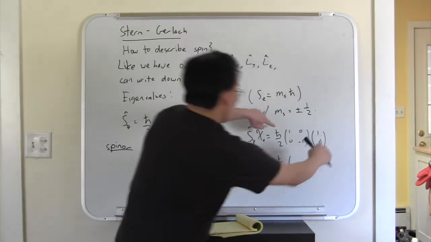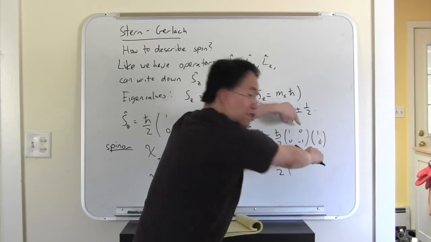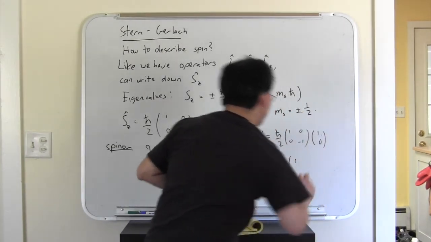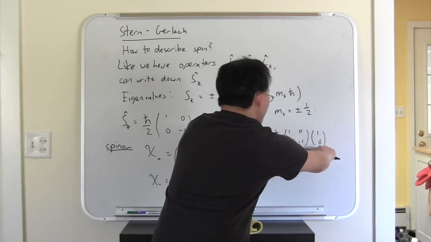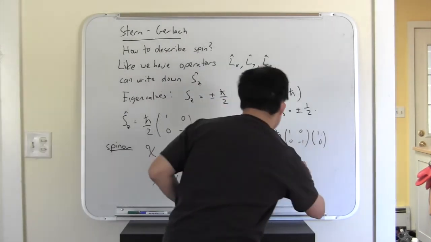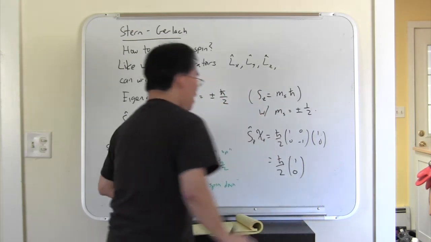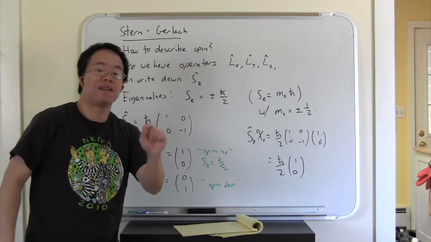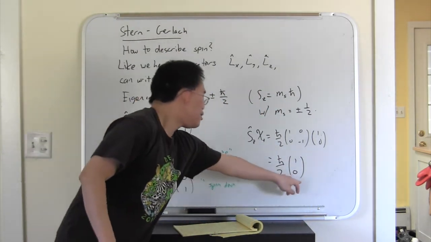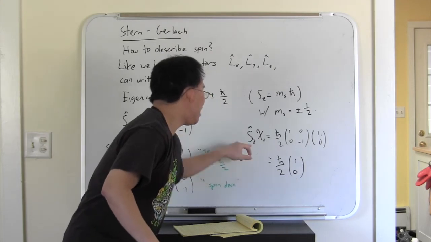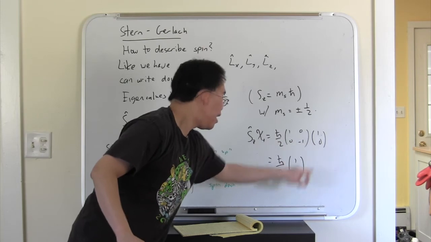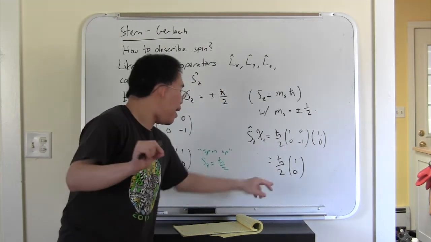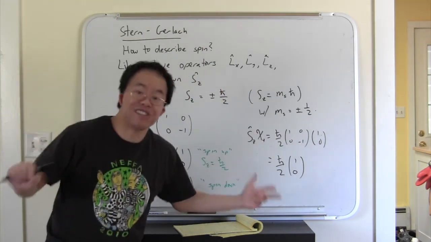I've got 1 times 1 plus 0 times 0, which gives me a 1. And then I have 0 times 1 plus minus 1 times 0 equals 0. So this is what we mean by an eigenvector: applying this operator to this vector gave us the same vector back multiplied by a constant.